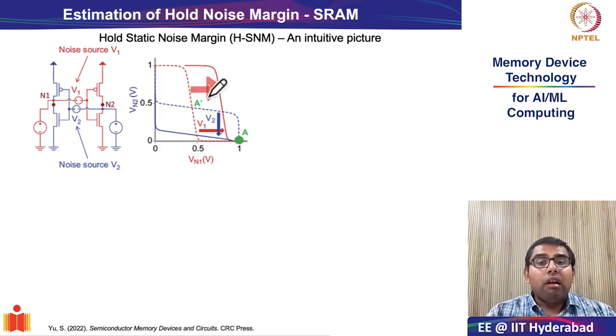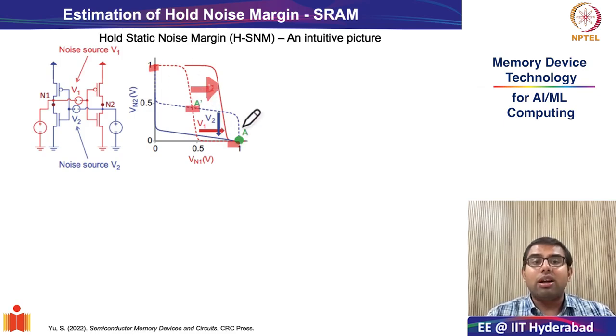Now, please observe that initially there were 3 intersection points between the two VTCs. Let me indicate the 3 intersection points. These were the 2 stable points, here and here at 1 and 0, which cause the memory effect, and the metastable point.